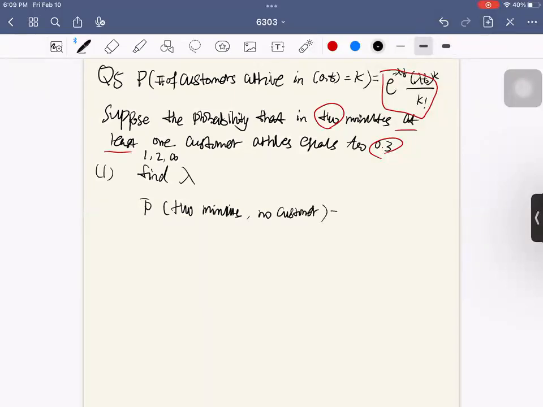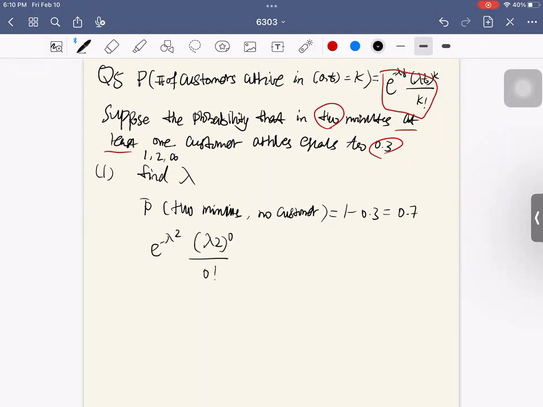Since we already know that at least one customer arriving is 0.3, the probability that no customer arrives in 2 minutes is 0.7. And so right now we can just plug in those numbers to find the lambda value.